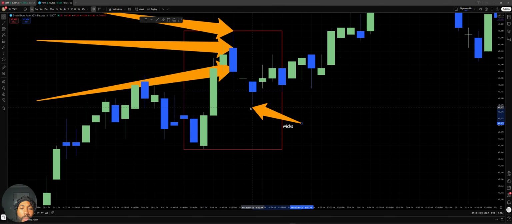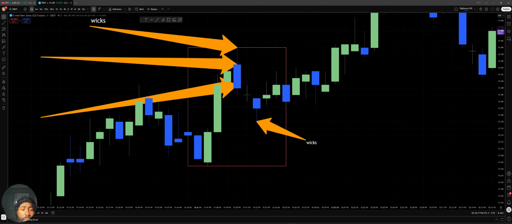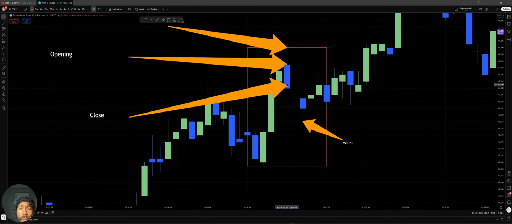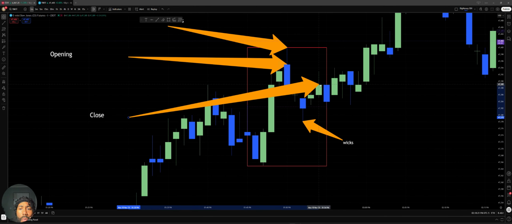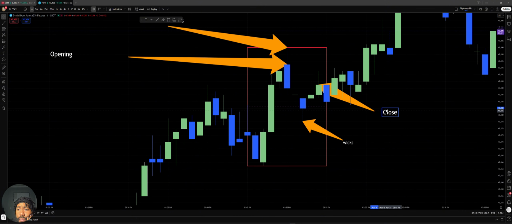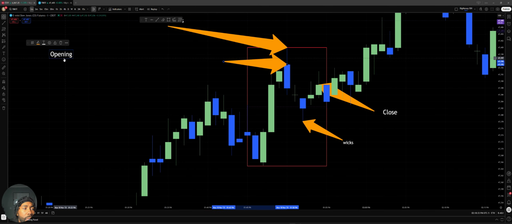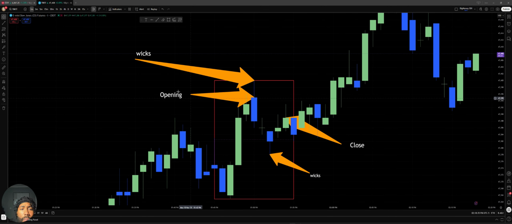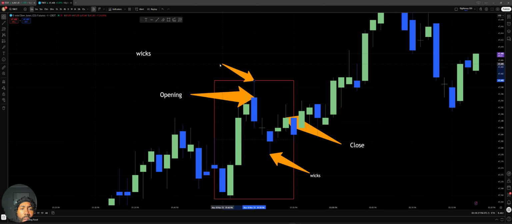Now, here goes the low of that candle, where it wicked to. Here goes the close. Let me move this to this side so we know. And then the opening is right there. Let me bring this closer so we can zoom in. And then you have the wick here at the top.